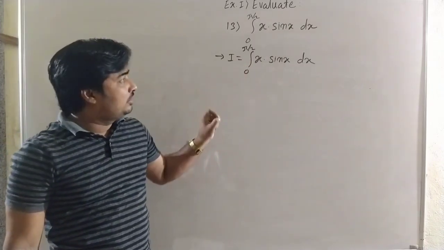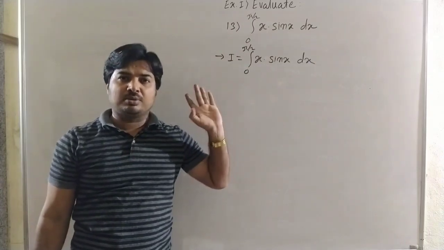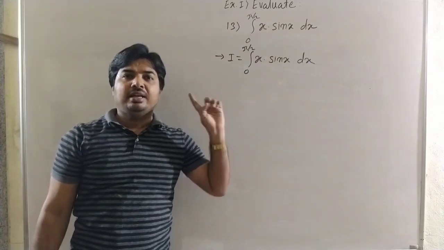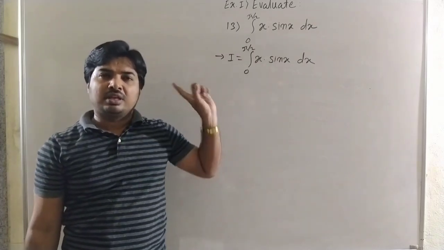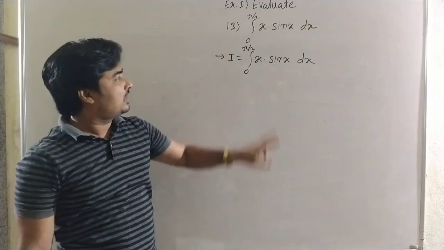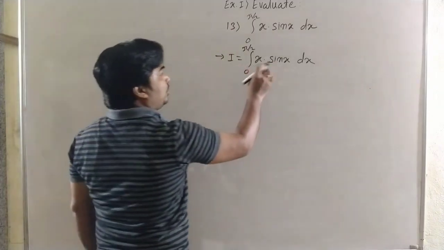Okay, in the u into v there is a rule for the proper choice of the first function and the second function, that is LIATE: logarithmic first, then inverse, then algebraic, trigonometric and exponential. Here it is algebraic and it is trigonometric, so we can take it as it is, u into v.